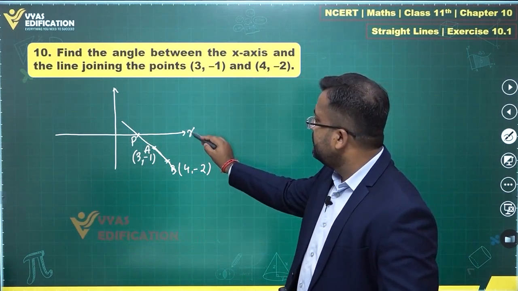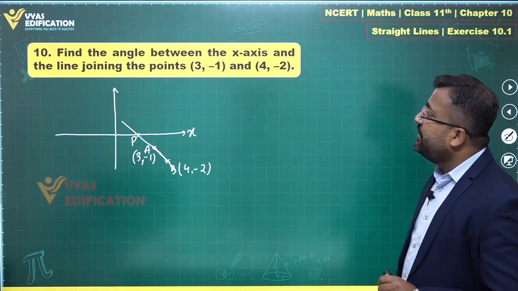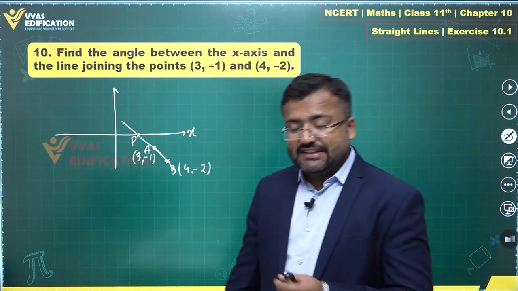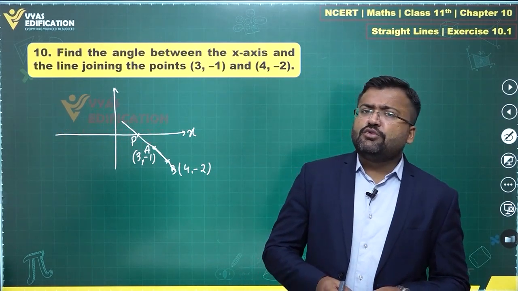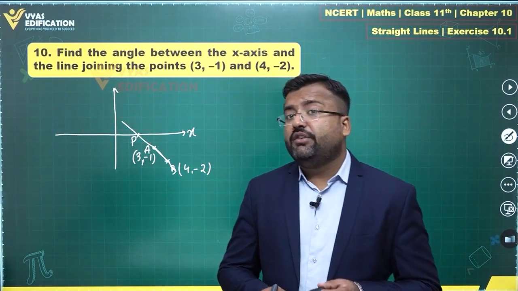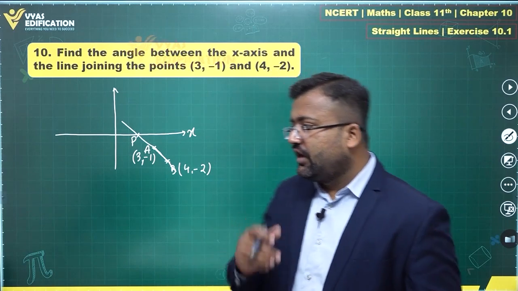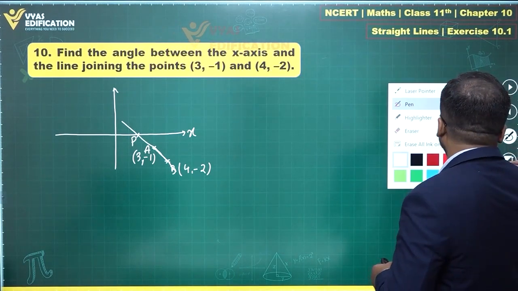This is the x-axis. If you are supposed to find the angle between the x-axis and this line joining these two points, you are supposed to apply concepts of angle between two lines. Let's discuss the concept first.